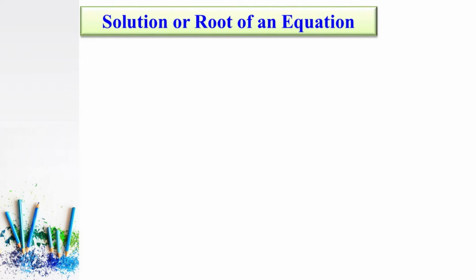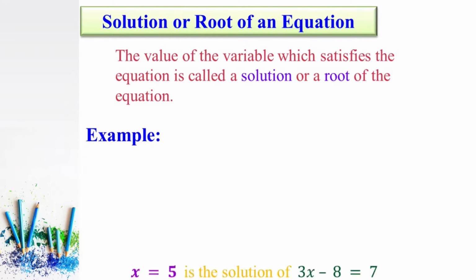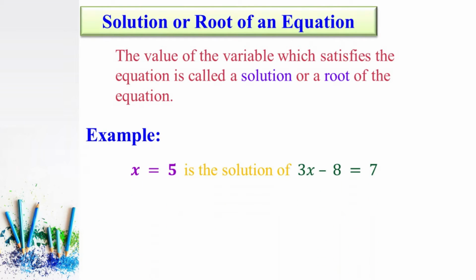Next, solution or a root of an equation. The value of the variable which satisfies the equation is called a solution or a root of the equation. See example, x equal 5 is the solution of 3x minus 8 equal 7. Now we check it.